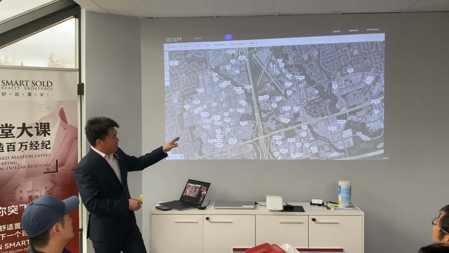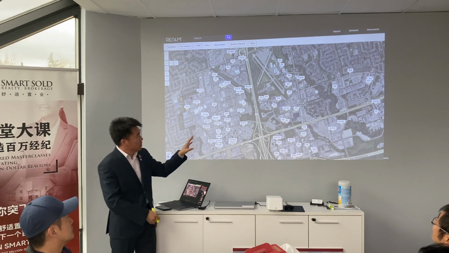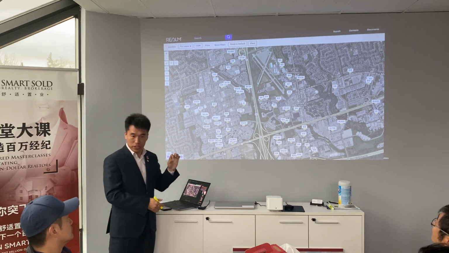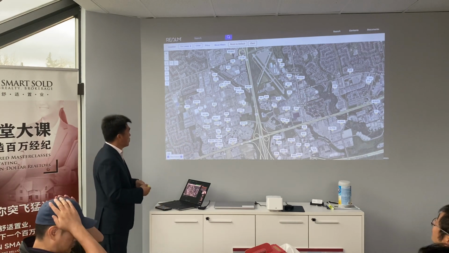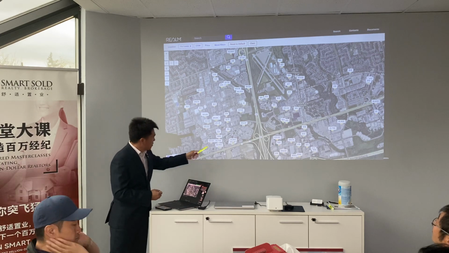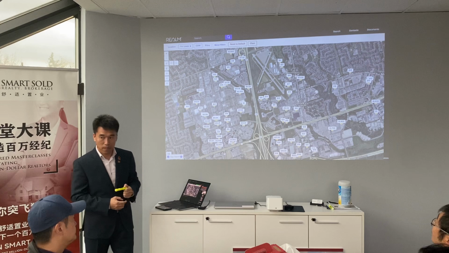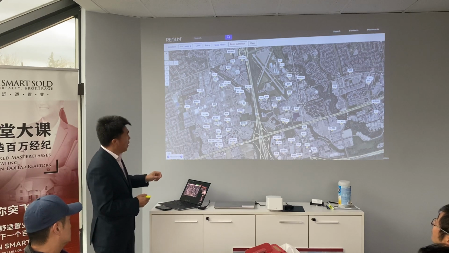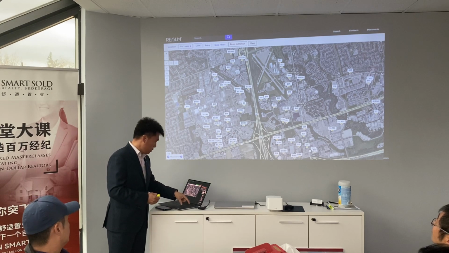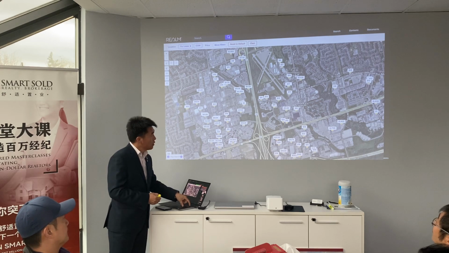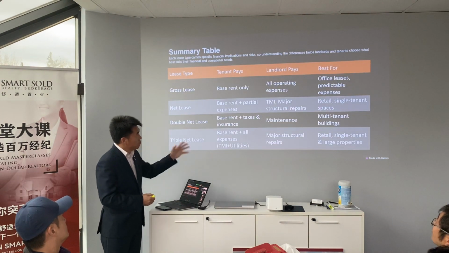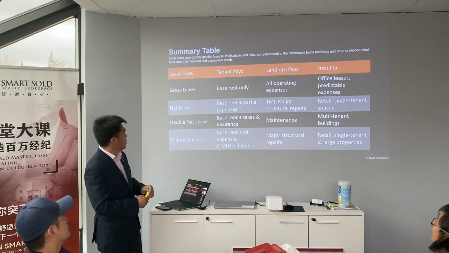So as you can see, most prices are listed per square foot, and there's also some that are what we call a flat fee. I'll show you later the different styles. That's a comparison of different leases.